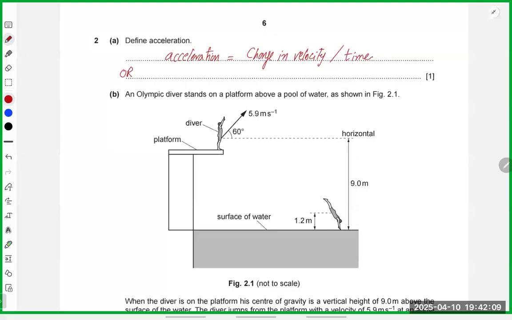Or you can write a statement: acceleration is rate of change of velocity. But my recommendation is to do only one of these two. Do not try to do both of them.